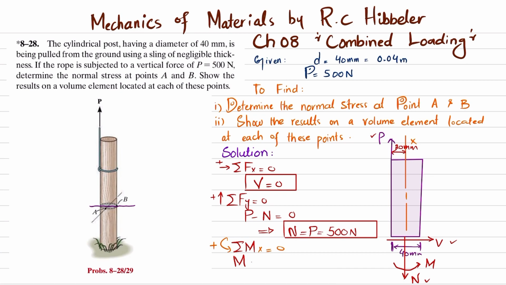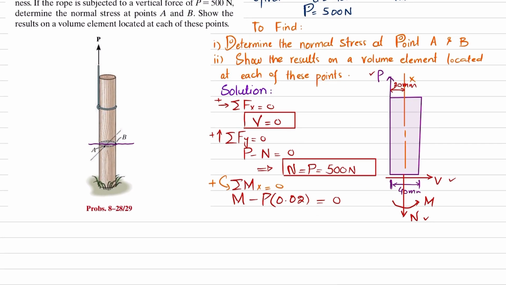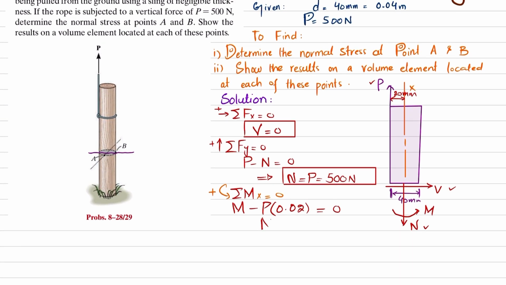And this is producing a clockwise moment, so minus P into 20 millimeter. 20 millimeter in meter is 0.02. Their sum must be equal to 0. So from here you will get the moment equal to 0.02 times P, that is 0.02 multiplied by 500, and this moment comes out to be 10 Newton meter.